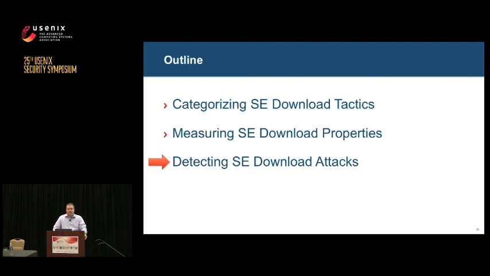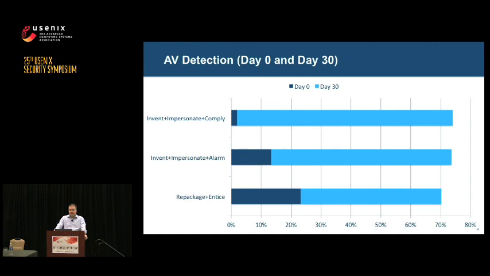All right, so those are the measurements around the social engineering downloads that we observed, and now I'm going to talk a little bit about detecting these social engineering downloads. This slide shows AV detections both on day 0 and on day 30. Day 0 is the day the actual social engineering took place and the binary was downloaded. If we look at that, for event impersonate comply, less than 5% of the downloads were detected by AV on that day.